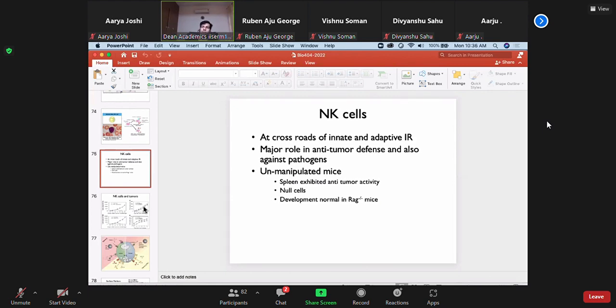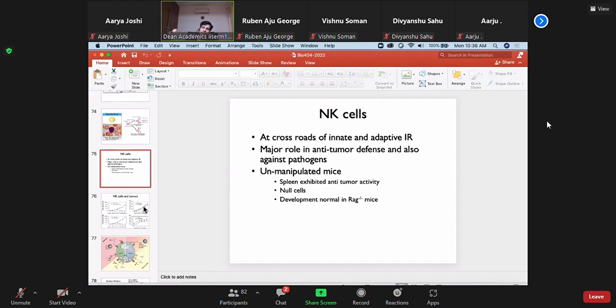Cytokines are a lot of effector molecules produced by these cells. Many of these cytokines also serve as growth factors for division and proliferation, and some cytokines are also responsible for maintenance. There are many different types of cytokines produced by these cells, and the same is the case with chemokines.